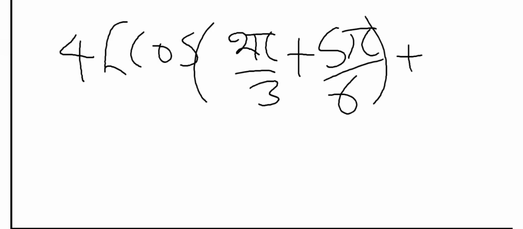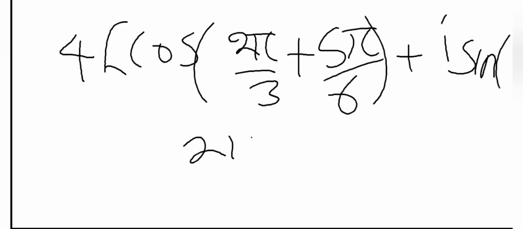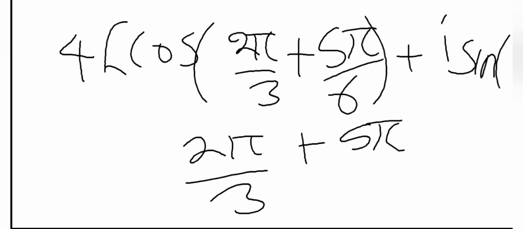This is what I taught you previously. So the angles will add inside the cos, and also on the sine side, which is plus. Remember, I told you the angles are converted into radians. You can also work it out in degrees. So once you have found this, you get a 4 here.